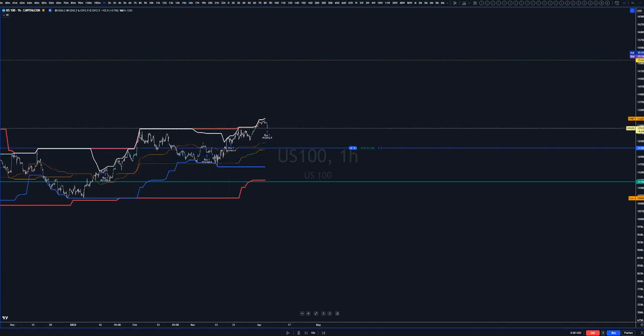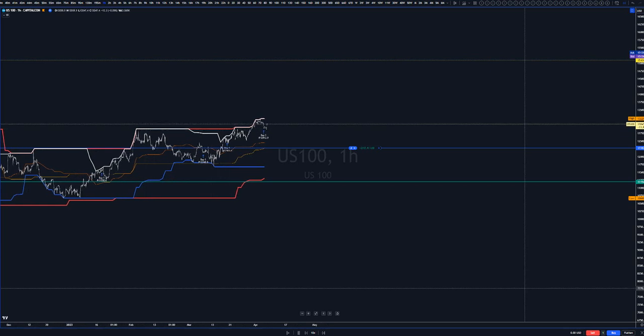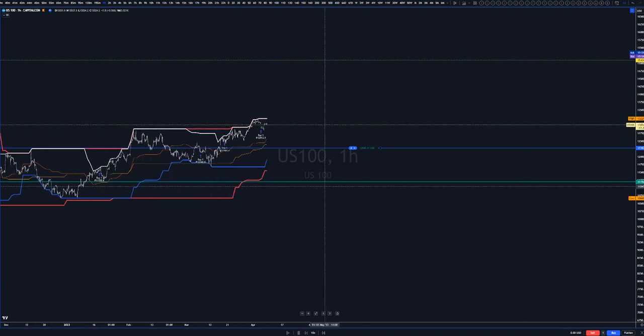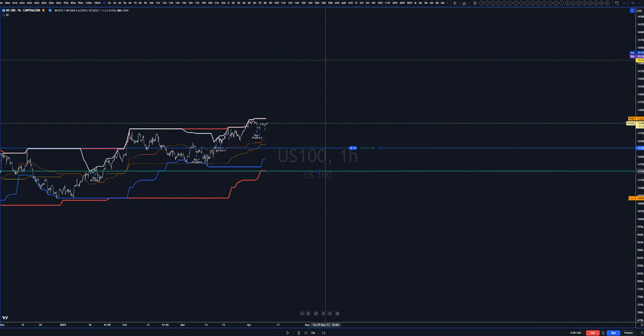The market broke higher, we can buy the high and we trail our stop.